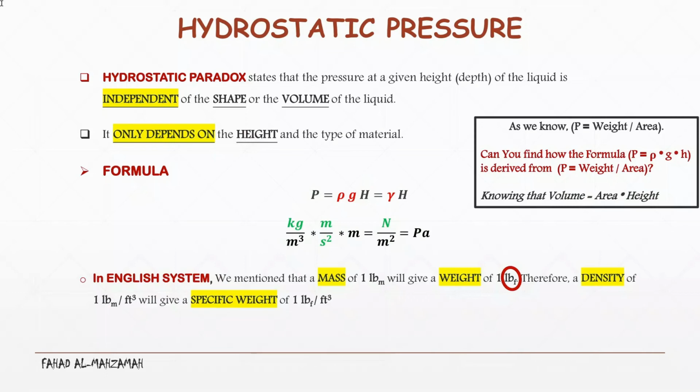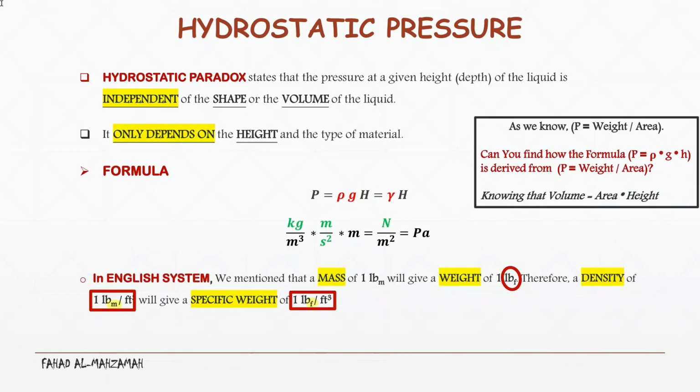So that makes it easier for us in the English system to say that a density of 1 pound mass per cubic feet, which is mass over volume, will give a specific weight, gamma, of 1 pound force per cubic feet. So whenever you have a density in the English system, you write the same value as a specific weight, but you change only pound mass into pound force.